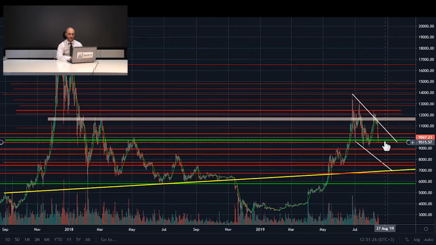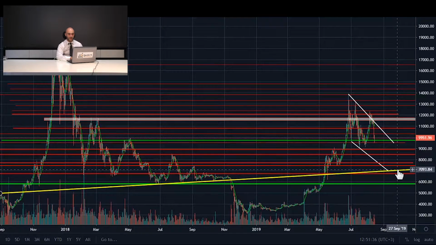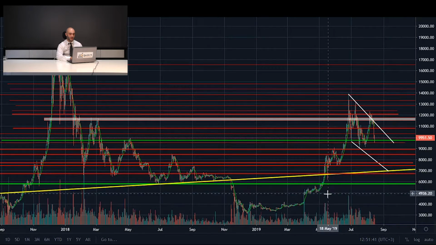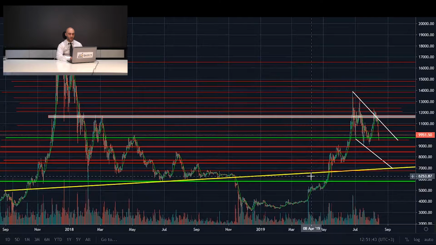But if the price stays in this possible downtrend channel, probably it will move downwards until touching this yellow trend line. As we can see here, this yellow trend line is very old and very trustworthy, a very strong support line for Bitcoin.